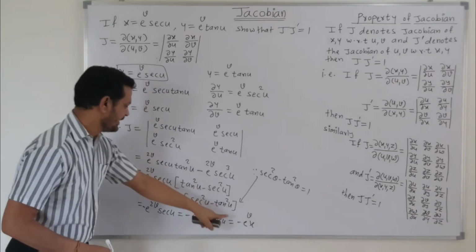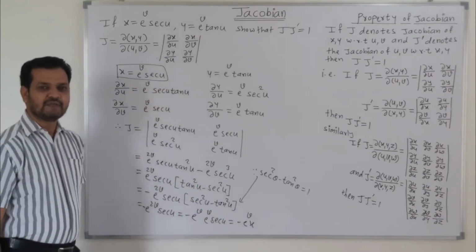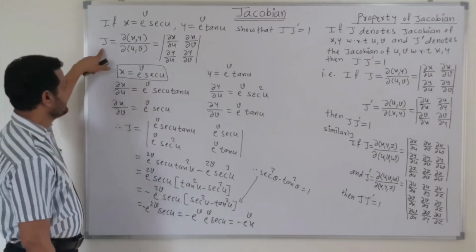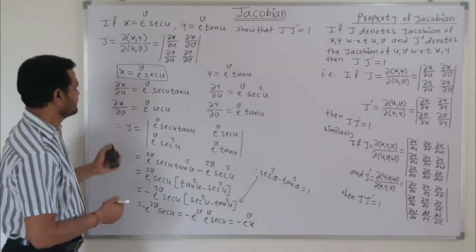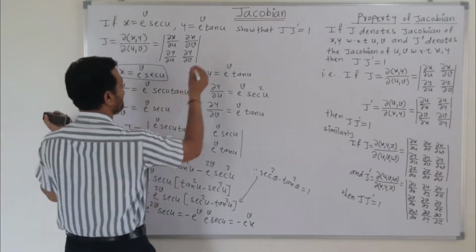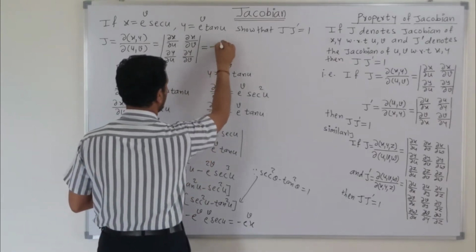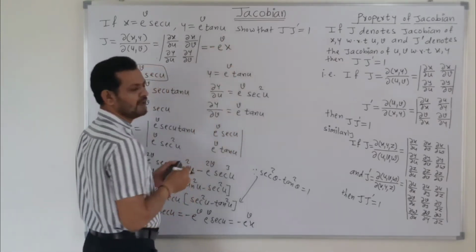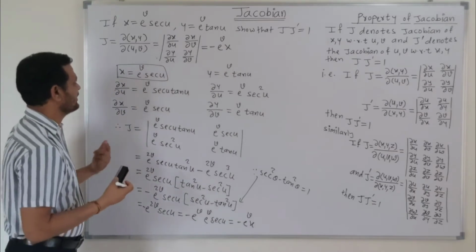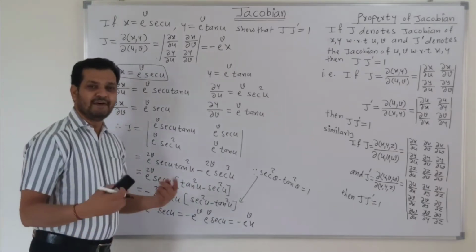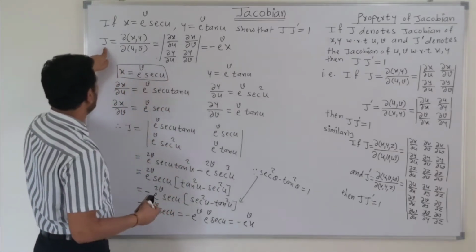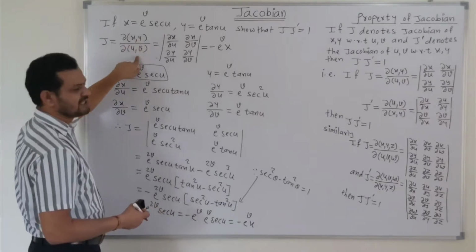Since e raised to v times sec of u is x, we get minus e raised to v into x. So this is the value of the Jacobian. For simplicity, we write J equal to minus e raised to v into x. Now this is the value of the Jacobian of x, y with respect to u, v.